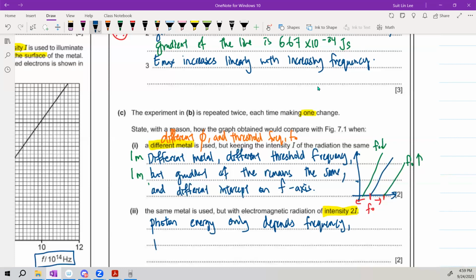And because of this, photon energy remains the same, doesn't change. So the line remains the same.